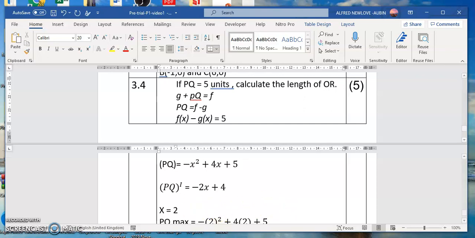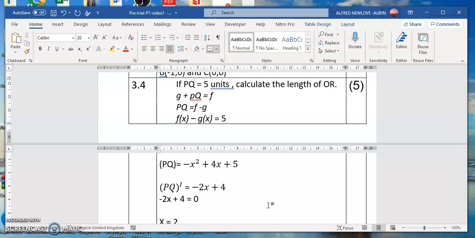Now, the question is, how did we get 2? That's what I'm going to show you. To find a maximum point, the first derivative must be equal to what? 0. Alright, so it means minus 2x plus 4 should be equal to what? 0.